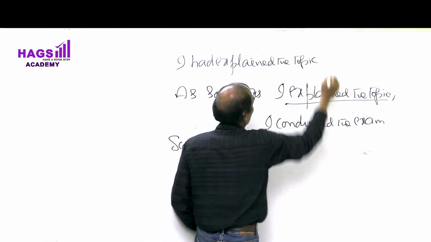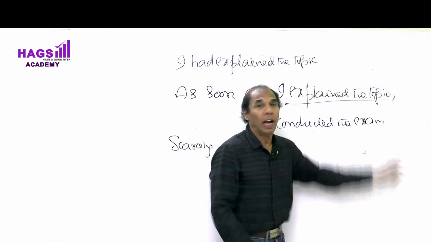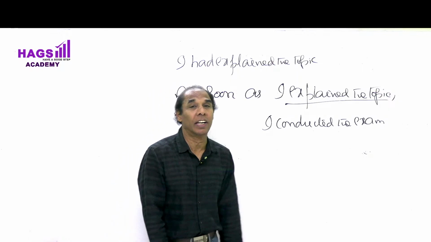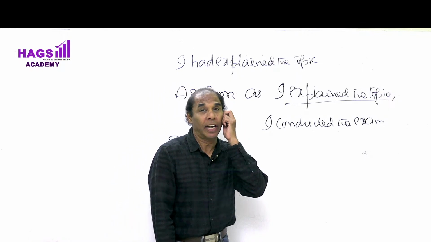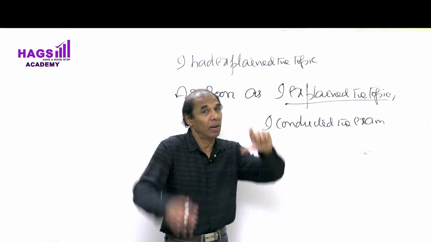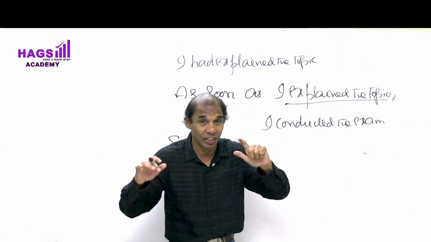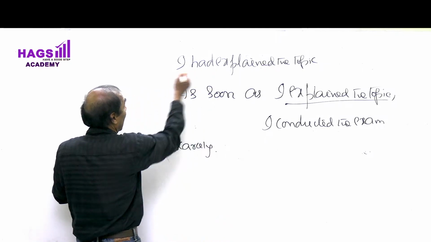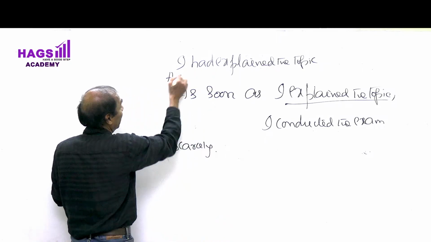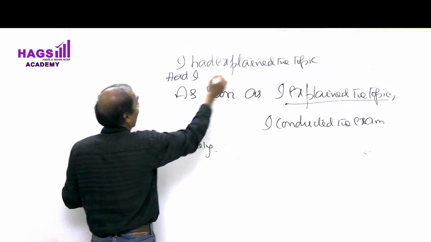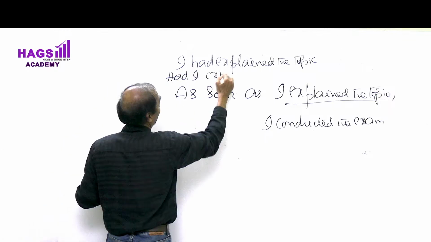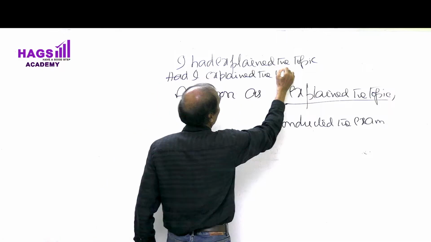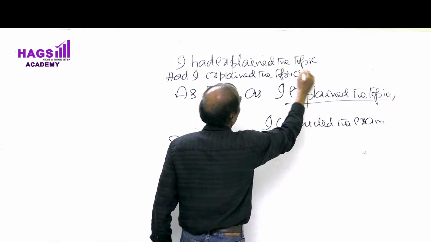First you change into had plus V3 form. Now we have to change into interrogative form. How do we make interrogative? To make an interrogative sentence, put the special verb at the beginning of the sentence. Right? Basic rule, I have explained this. So, what is the special verb? Put had at the beginning of the sentence. Had I explained the topic. Right? This we have to write here.